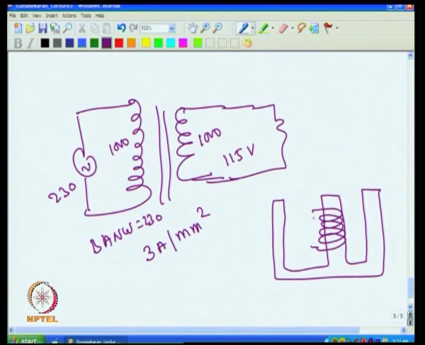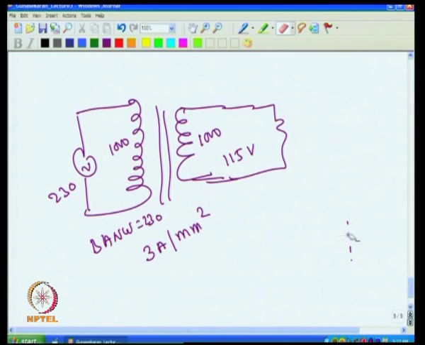So this core must be able to take this many turns of that much thickness. One can find that, because I know the diameter of the wire, so I will know how many turns it can take. For example, if I carefully draw the core, one can easily verify the number of turns that it can take.